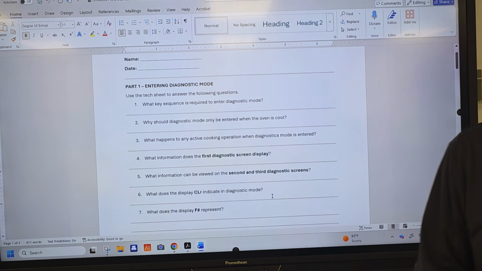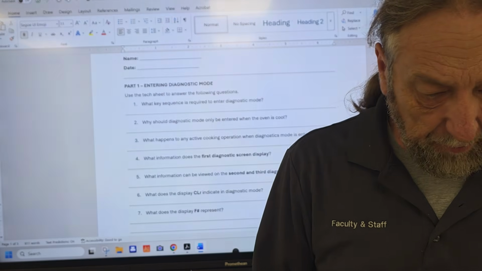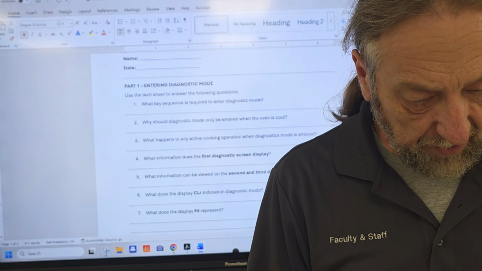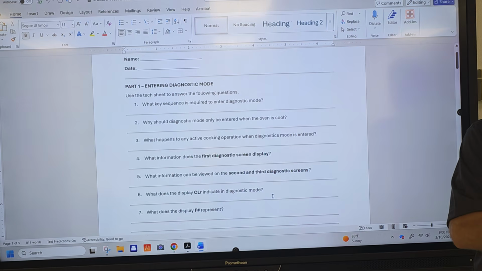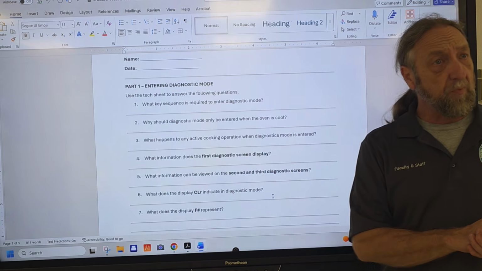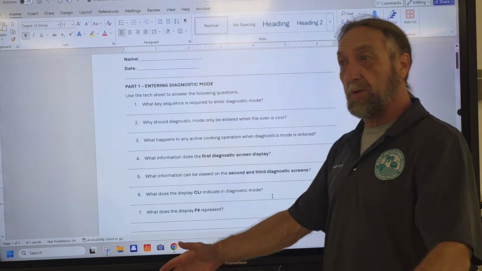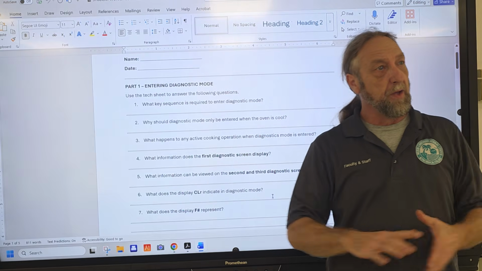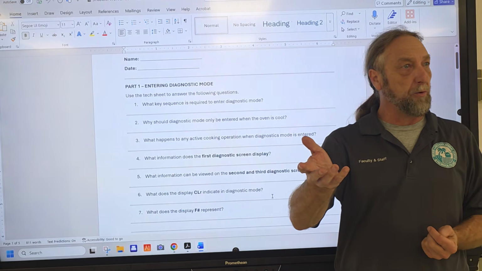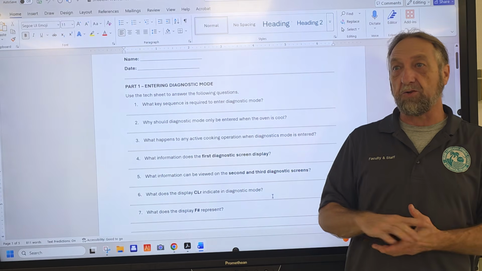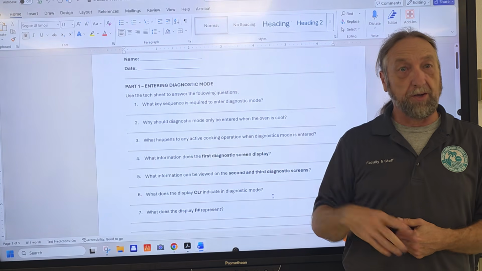Okay, so what happens to any active cooking operation when diagnostic mode is entered? Stop. It cancels everything. Now, some stoves, when you have a freestanding range with a cooktop, sometimes when you go into self-clean it will lock the top out or lock other features out, like on a double wall oven.